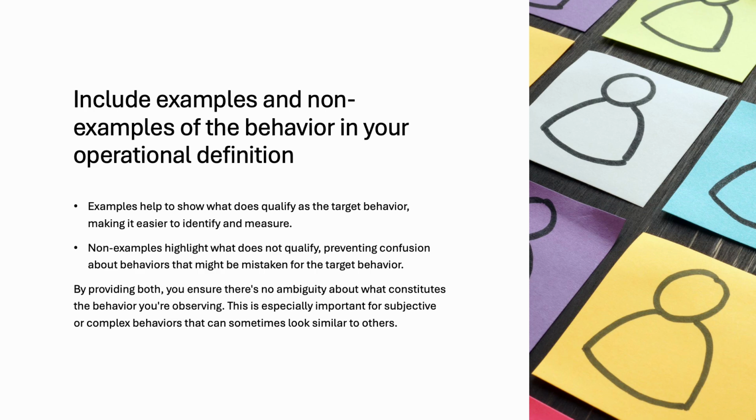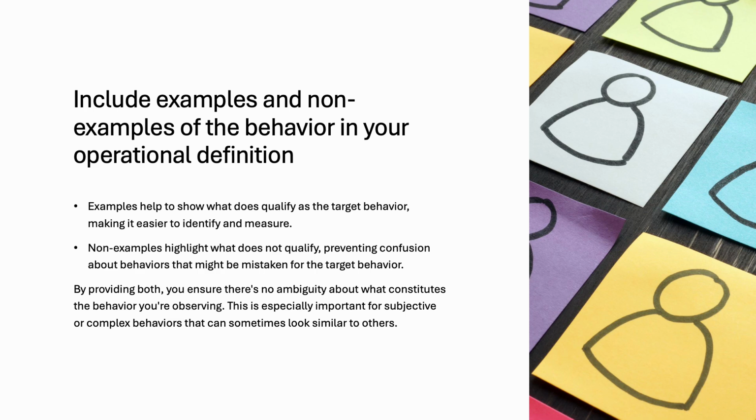So let's say that I have a client that I'm working with, like I said, on managing their aggression, on reducing their aggression, and then I accompany them to their karate class, and they are engaging in appropriate forms of hitting because it's what is expected of them in that class. And then my behavior definition doesn't include karate as a non-example.